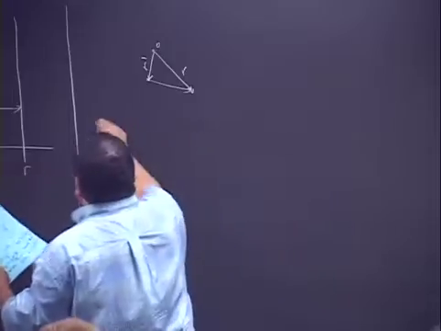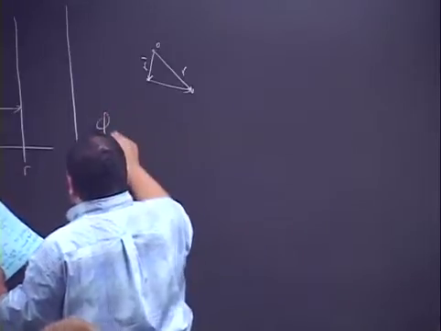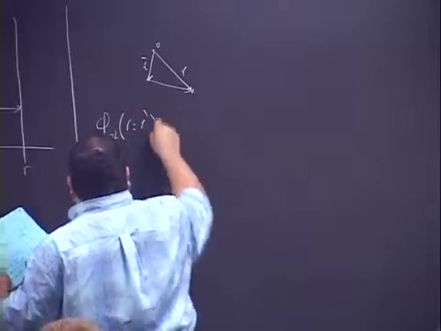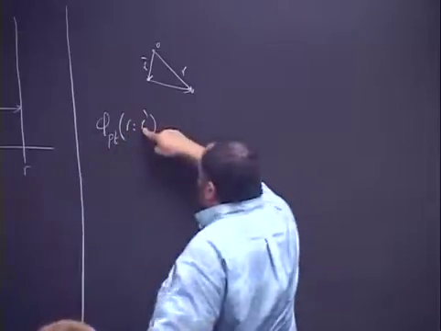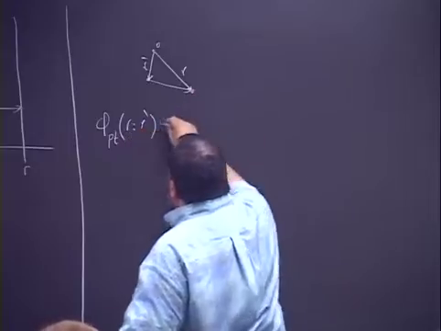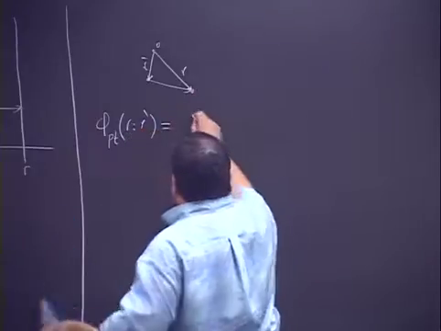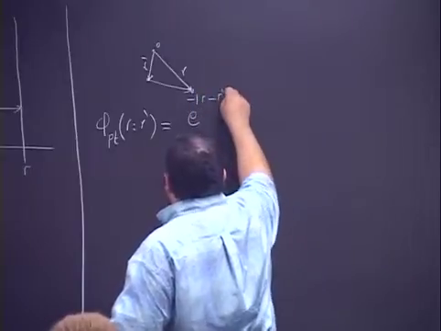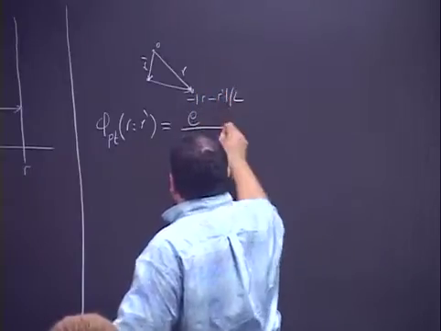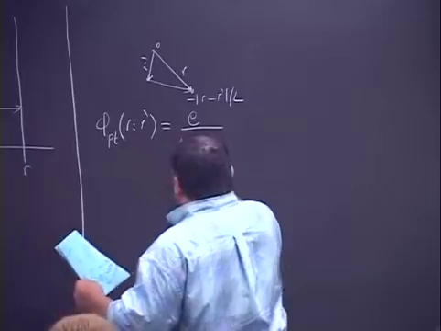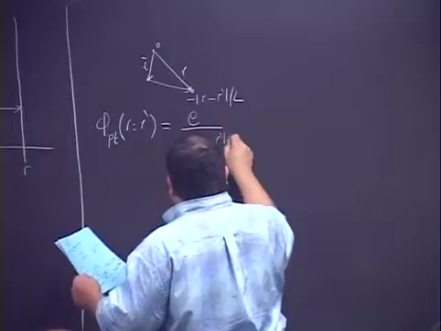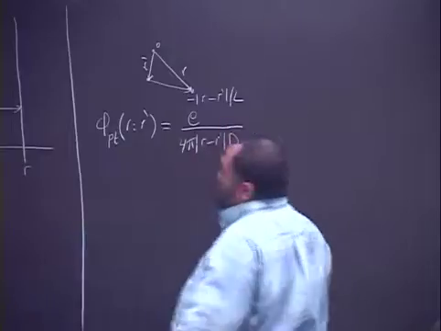So this is the flux for a unit source at r prime, measured at r, and it is just equal to e to the power of minus the absolute value of r minus r prime, all divided by L, divided by 4 pi D times the absolute value of r minus r prime.